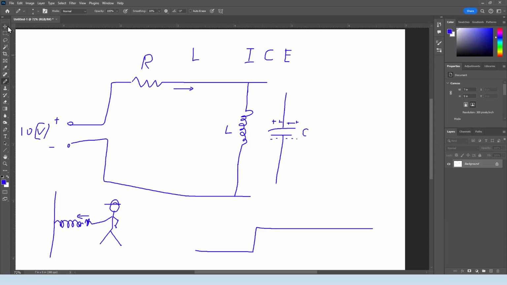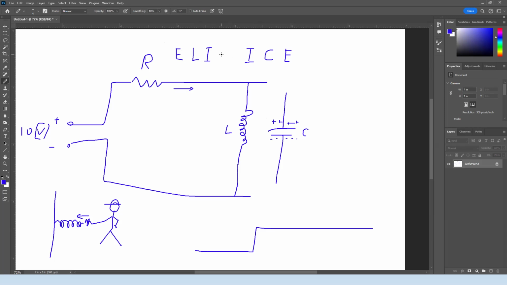There was nothing in here. So you're going to have voltage first, and then you're going to have current. How? It's because first it opposes and then it lets go. So the current's beginning to flow.